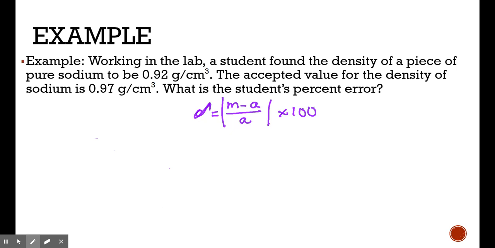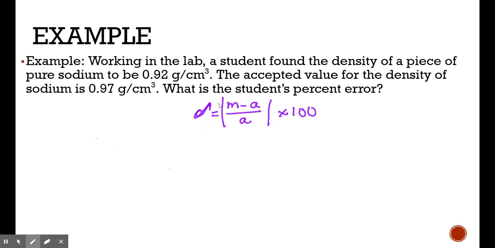So the question says, working in the lab, a student found the density of a piece of pure sodium to be 0.92 grams per centimeter cubed. The accepted value for the density of sodium is 0.97 grams per centimeter cubed. What is the percent error?